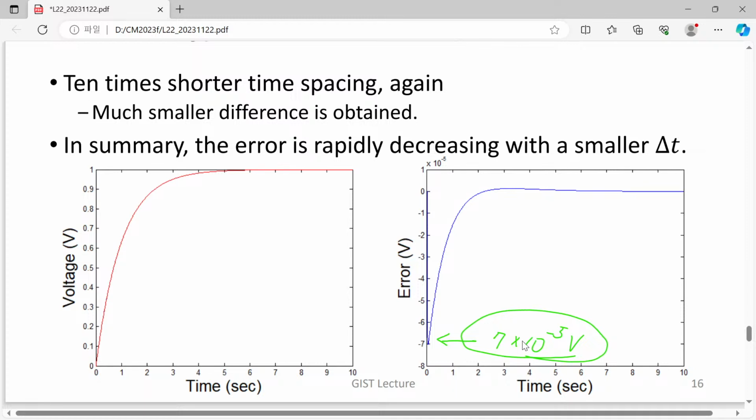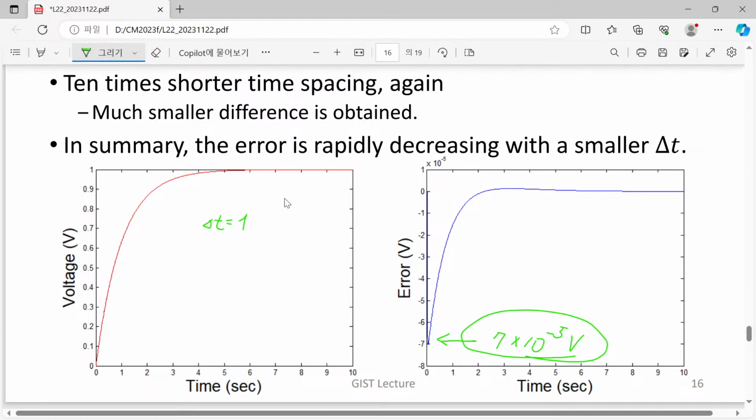And do you know why we have this value? Yes, it originated from our backward Euler, and the error is rapidly decreasing. So the main message is, previously when delta t equal to 1, the backward Euler and Gear error values were quite similar.